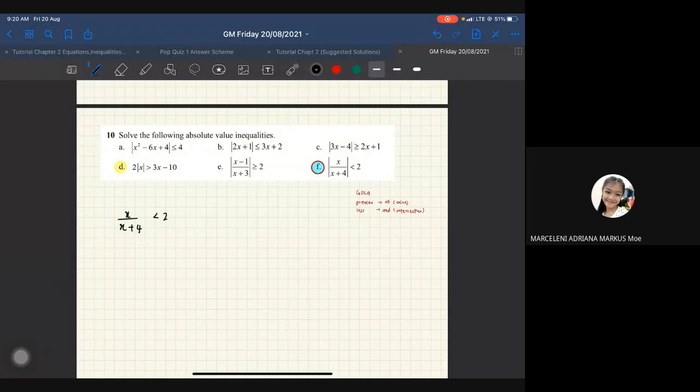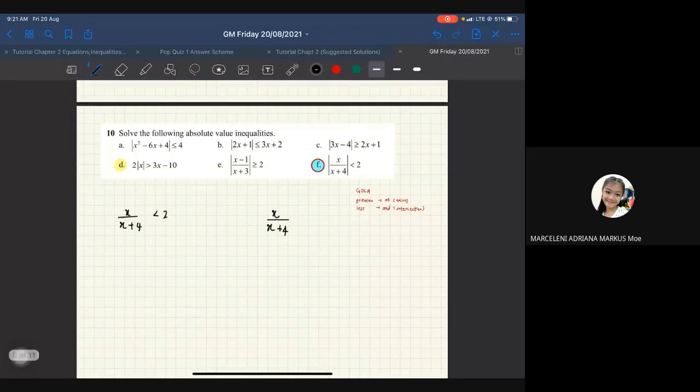Okay, so sekarang awak terbalikkan dia punya sign. So tadi adalah less than. So sekarang dia akan jadi greater than. Okay, so greater than and then sign dekat 2 pun akan bertukar menjadi negative 2. Okay, boleh? Alright, so sekarang kita punya sign kat sini is less than. So less than adalah and dekat belakang tu. So bila less dia adalah and. So we need to find the intersection between these two inequality. Okay, so awak kena tulis and dekat tengah-tengah.